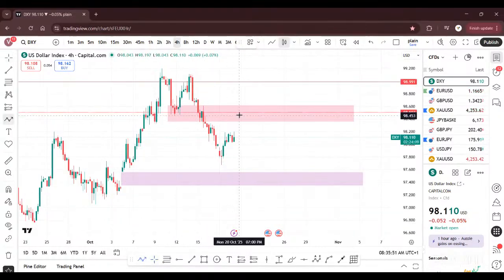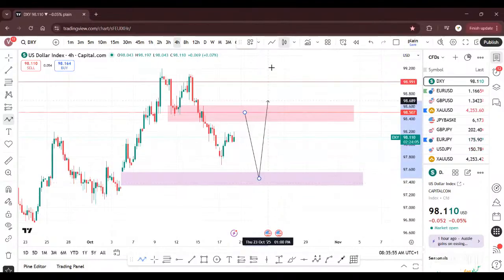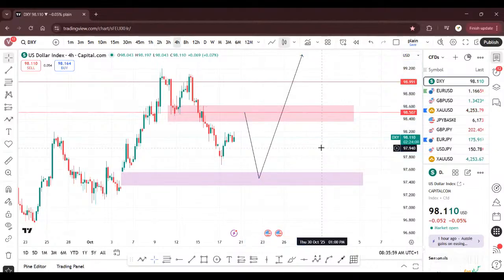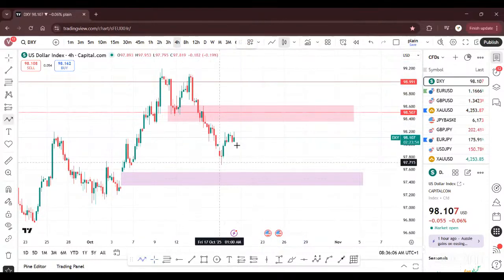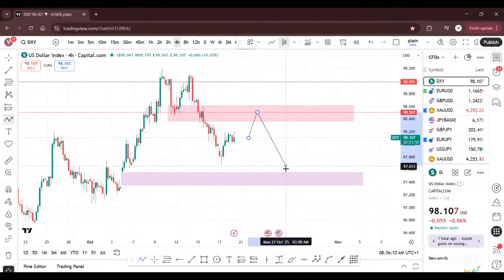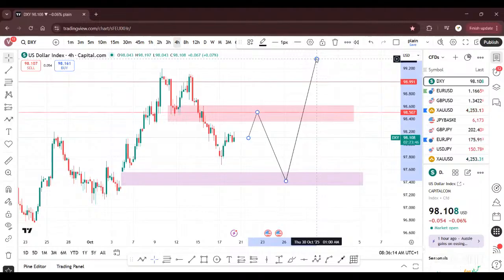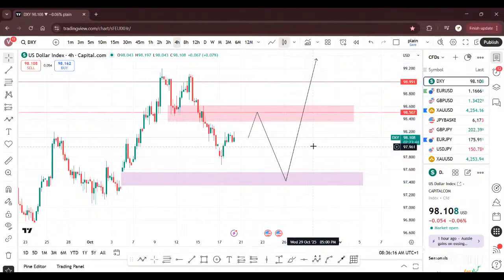So we want to see something like this. And then, so this is what we're expecting. So if price trades all the way here, oh no, this is not it. So we did something like this earlier. So from here, here, and here. Okay, so this is what we want to see.